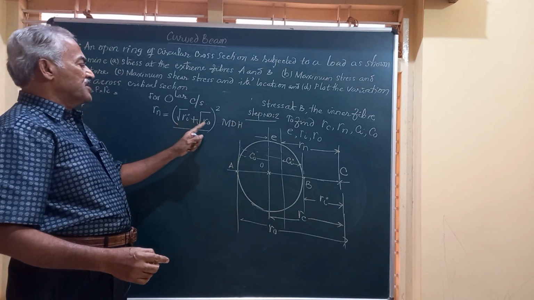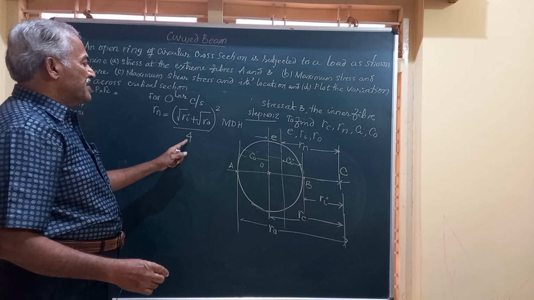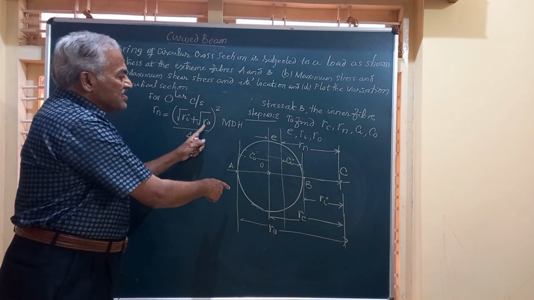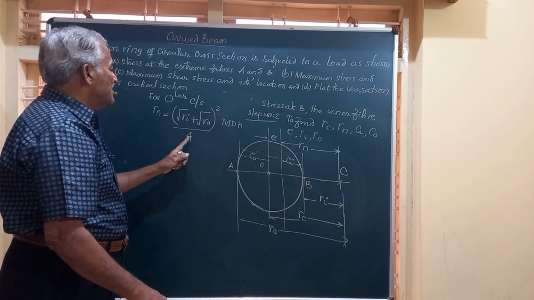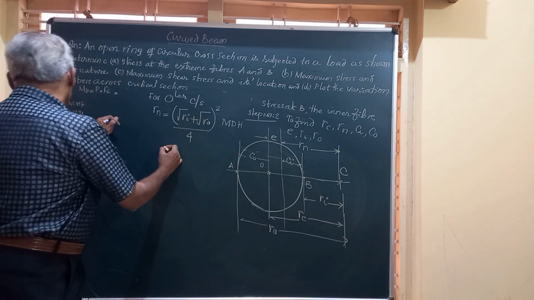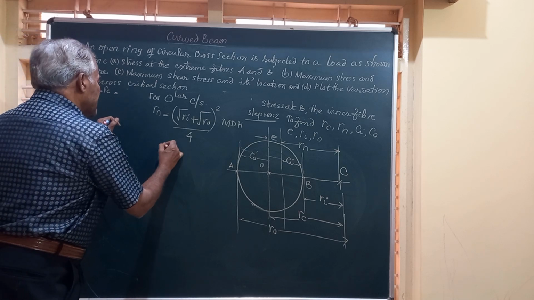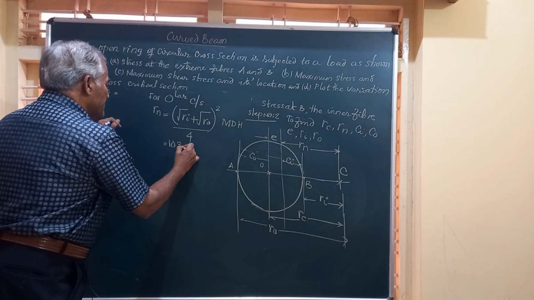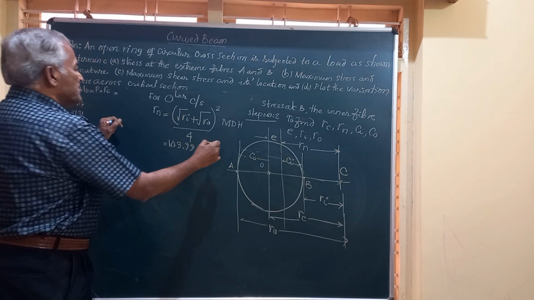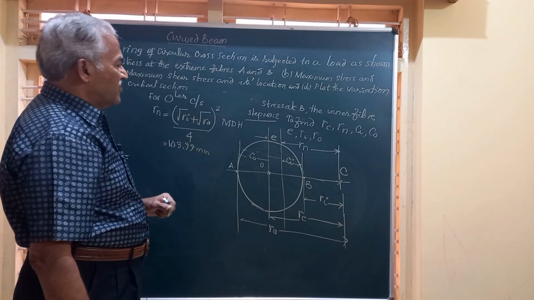Ri is 60, R naught is 160, divided by 4. If you simplify, you get 103.99 millimeter, because these are all distances. So Rn we have found out.